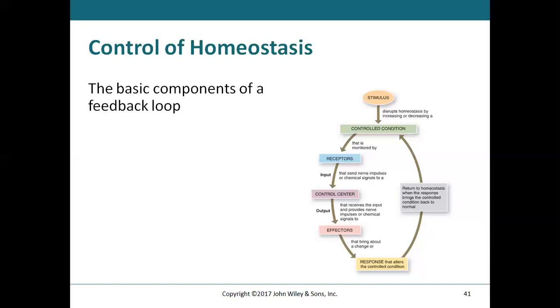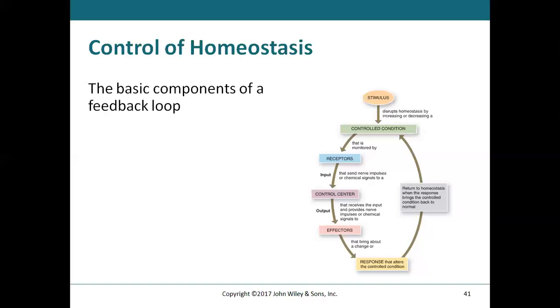And so if those receptors receive a specific type of input, that's sent to the control center, and then that control center essentially tells the body how it's going to respond to those alterations in the environment. So this is one of the major things that the nervous system does: it detects the environment around you, sends that information to the control center, aka the brain, and then your brain is going to regulate the response to the external environment.